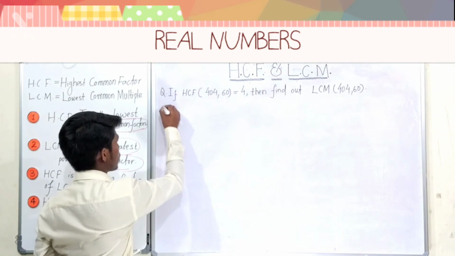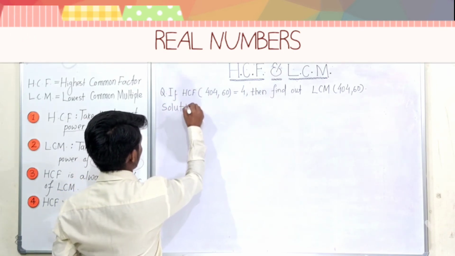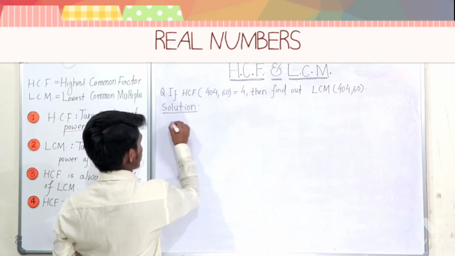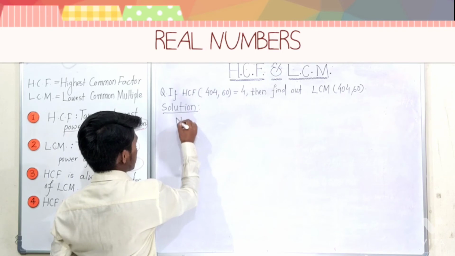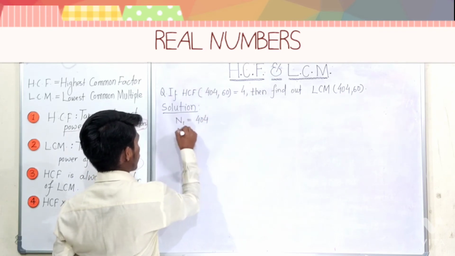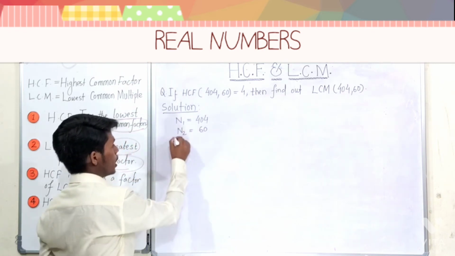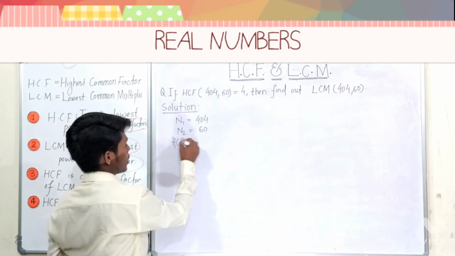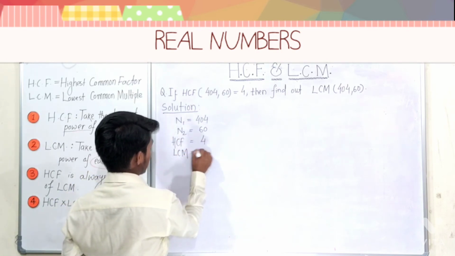So let's write out the given part in the question first. At first we will write the given numbers, let them be n1 is 404 and n2 be 60, that is number 1 and number 2. Then HCF is given, HCF is 4 and you have to find out the LCM.